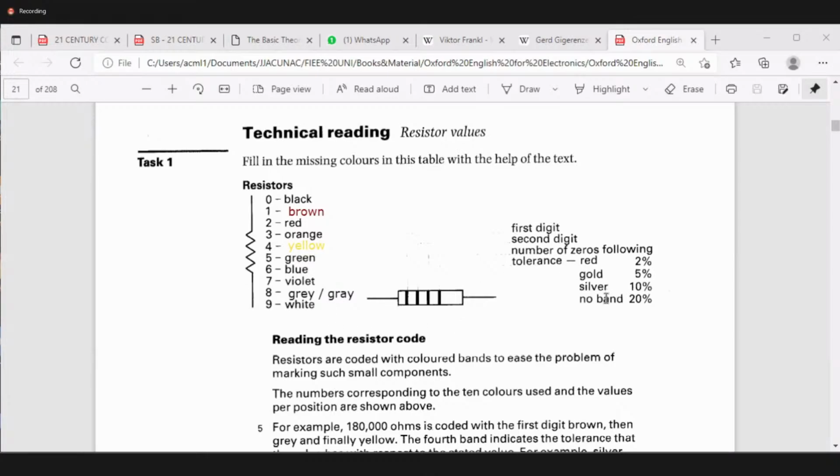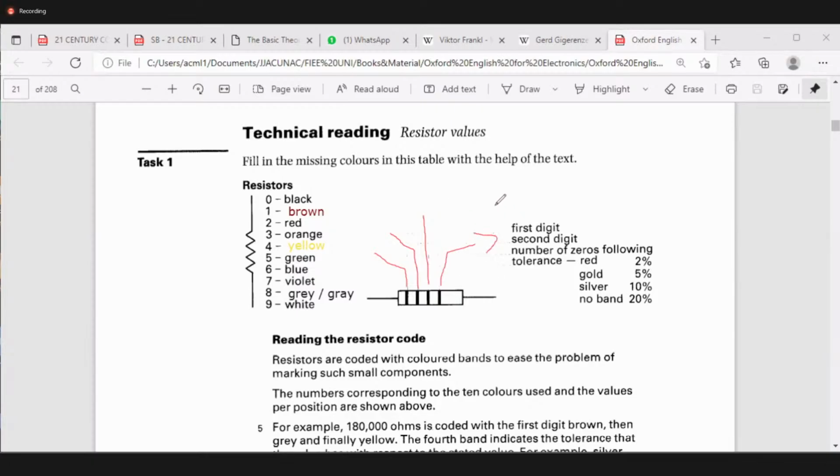And apart from that, we have the indicator itself. So as you remember, the first band indicates a digit, the second band indicates another digit, the third band indicates something else, and the fourth band indicates the tolerance.